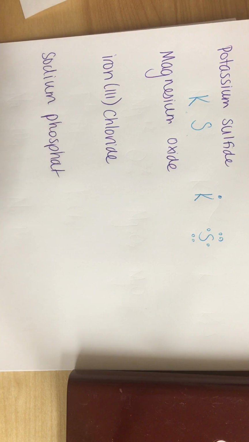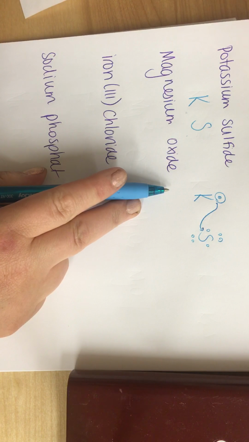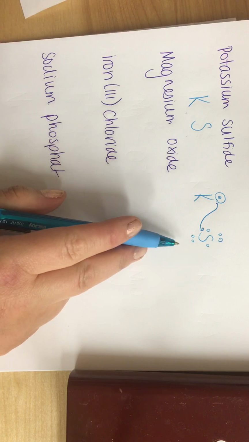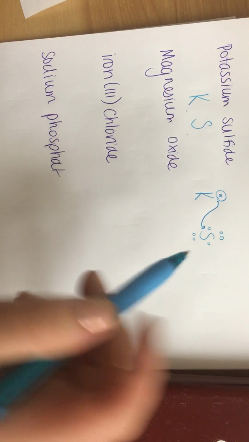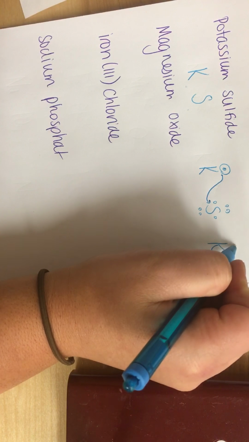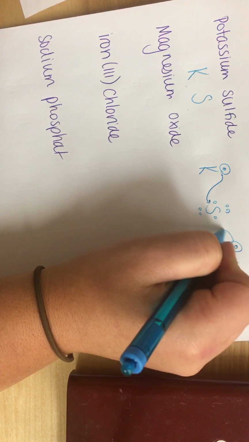If potassium were to get rid of this 1 electron, it fulfills its octet rule, but sulfur is left with only 7 electrons. So what this means is you need a second potassium to finish the deal. An easy way to figure this ratio out is to look at the charges.